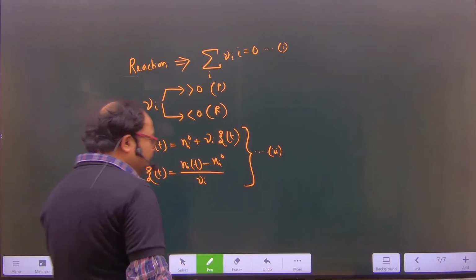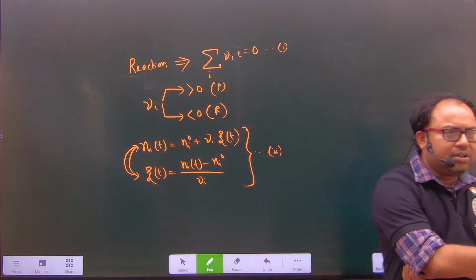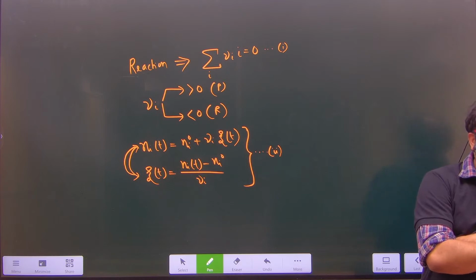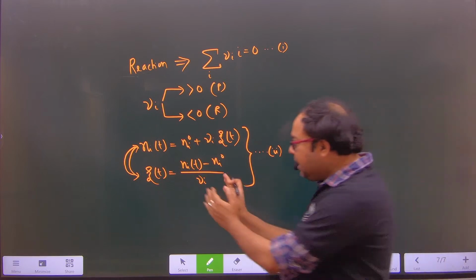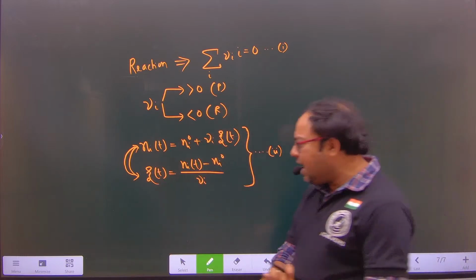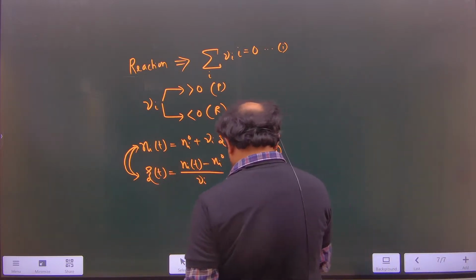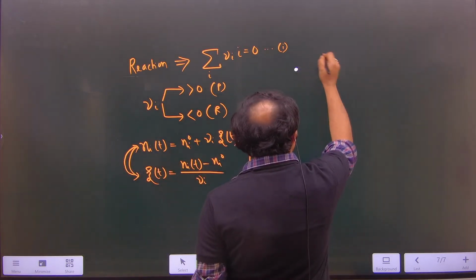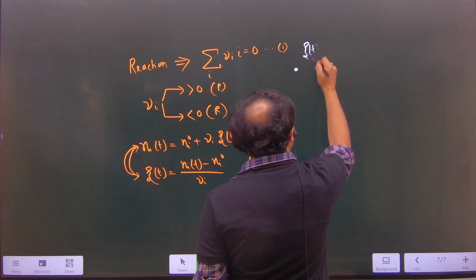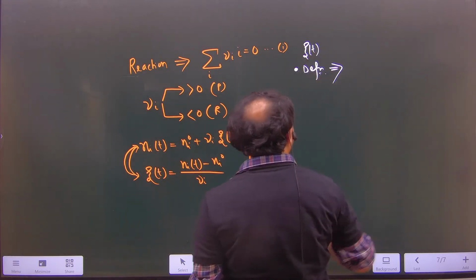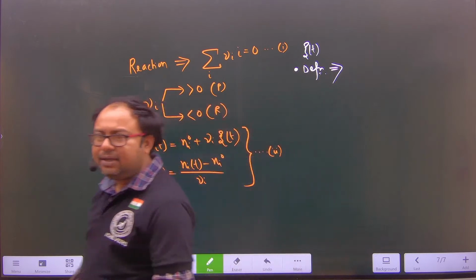So for that purpose, at first we need to understand the meaning or the definition of xi-t. How can we define xi-t?